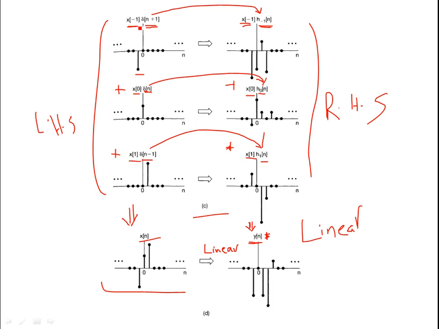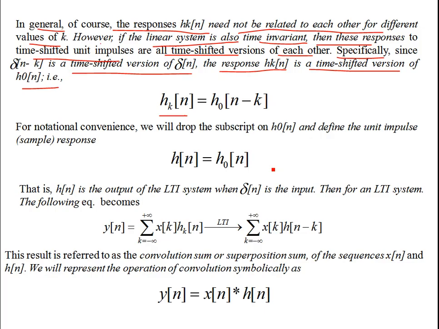So for any arbitrary shift of the impulse sequence, call it k equal to -1 or 1, delta n minus 1, delta n plus 1, the response is h minus 1, h1 of n. So the response at n equal to 0 is shifted to, let's say, n to k. So this can be written as h naught of n minus k, right?